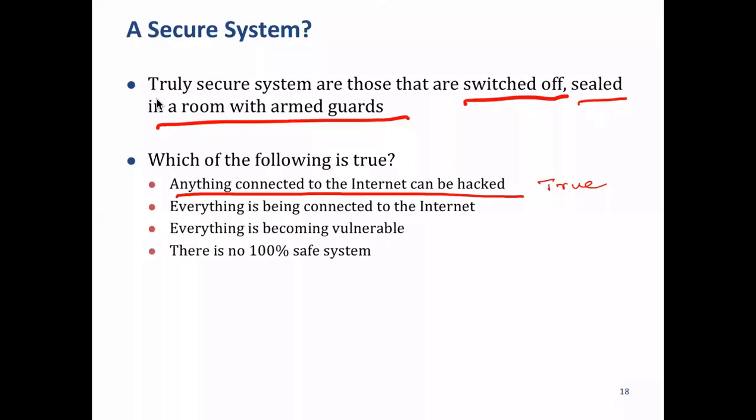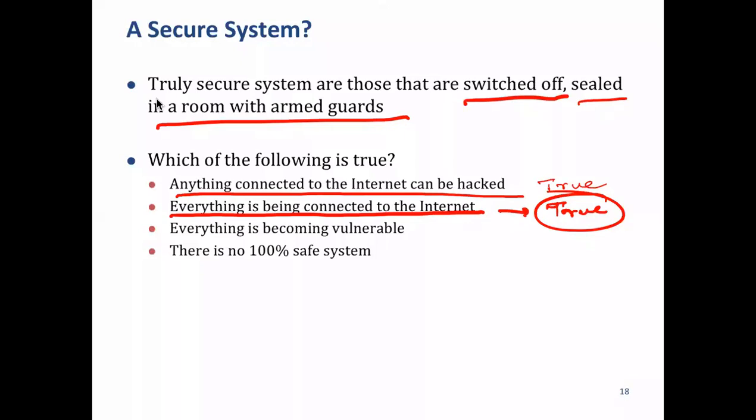Okay, everything is being connected to internet. This is also true because of digitization, even lathe machines or motor cars or scooters or light bulbs or toasters or refrigerators, all will have digital controllers or microprocessors, sensors, actuators, right?